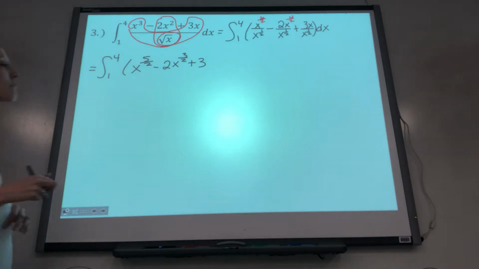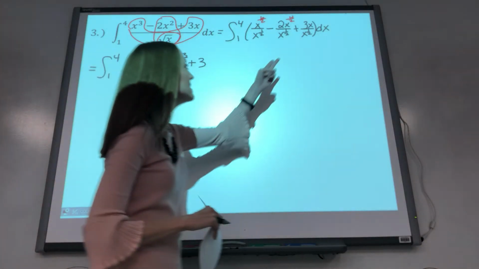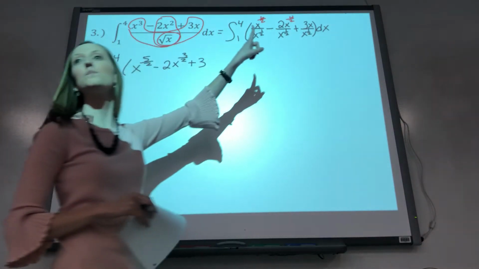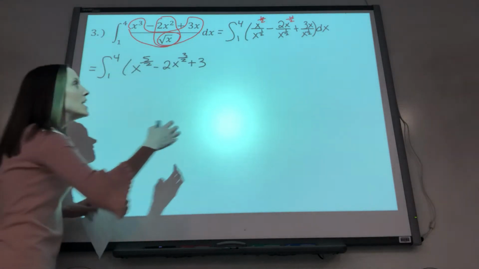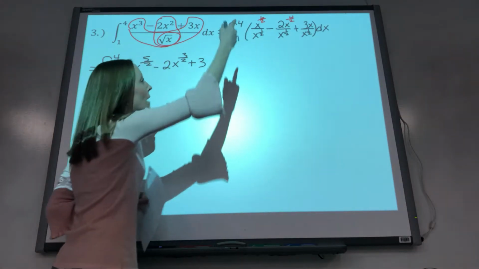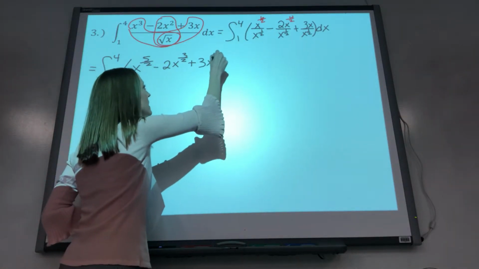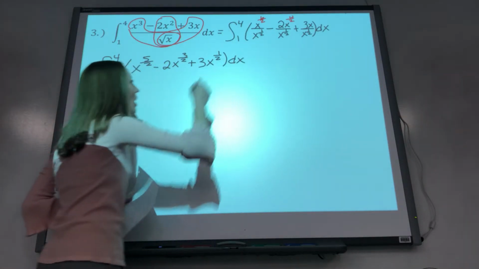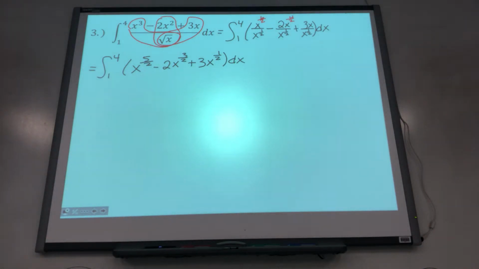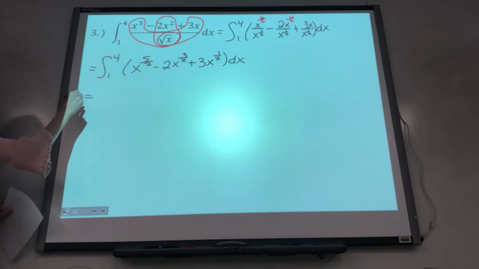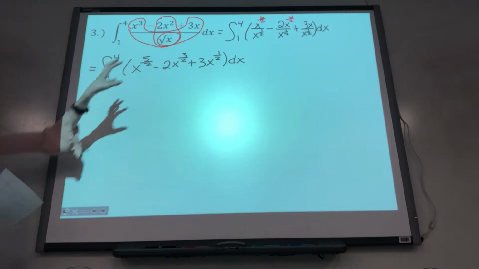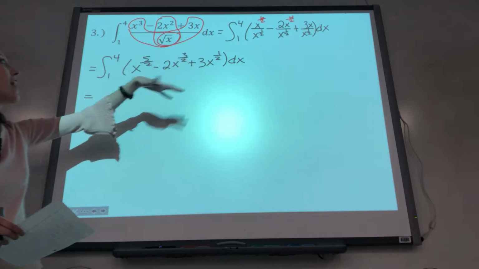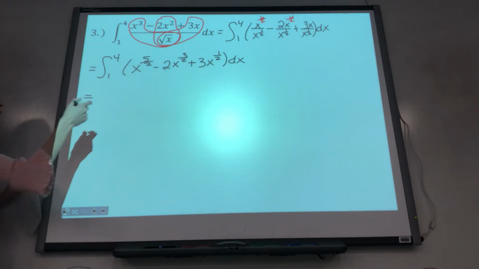Keep the 3 there for the last part. And since this is like x to the 1st power, you would think of the 1 as a 2 over 2. So 2 over 2 minus 1 over 2 is another 1 over 2. So that's just 3x to the 1/2. Now comes the integration. Haven't even done that part yet. Sometimes the first part of simplifying is the hardest part of the problem.